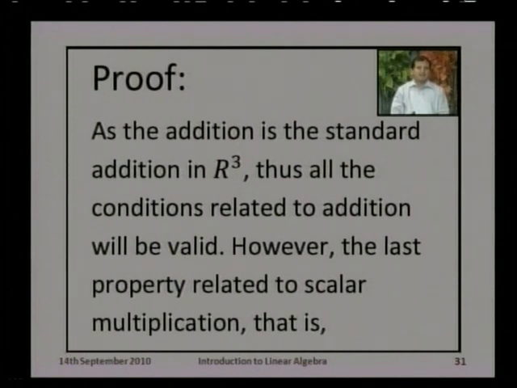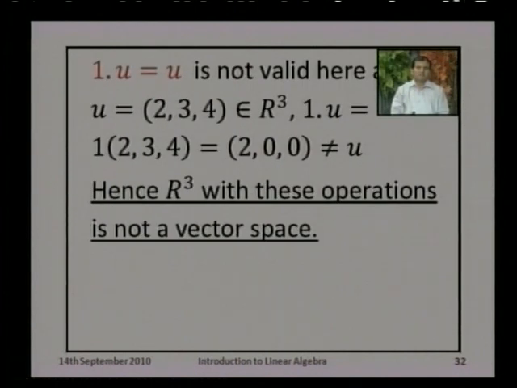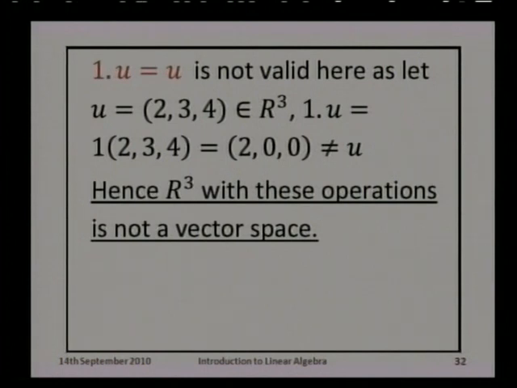As the addition is the standard addition in R3, all the conditions related to addition will certainly be valid. However, the last property related to scalar multiplication, that is 1 dot u equals u, is not valid here.